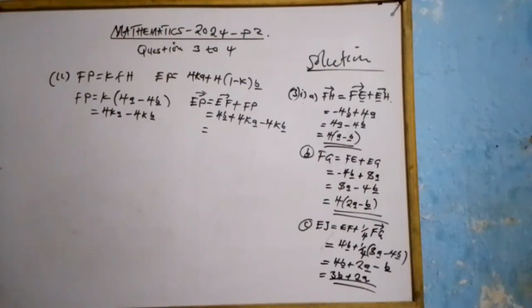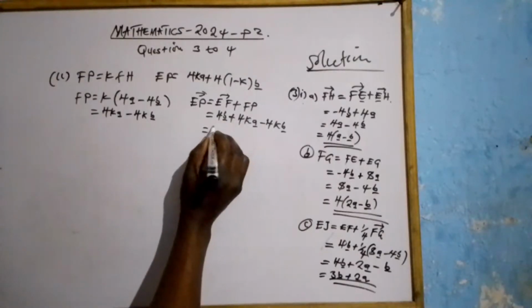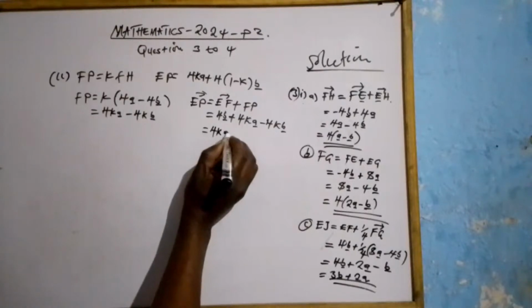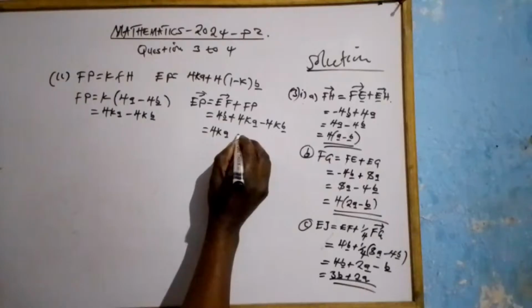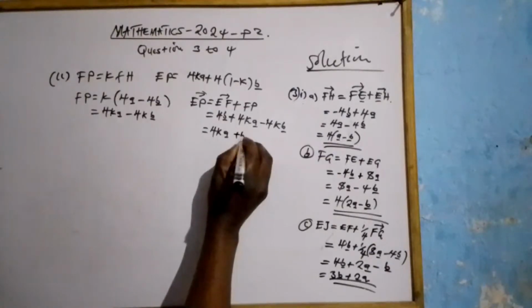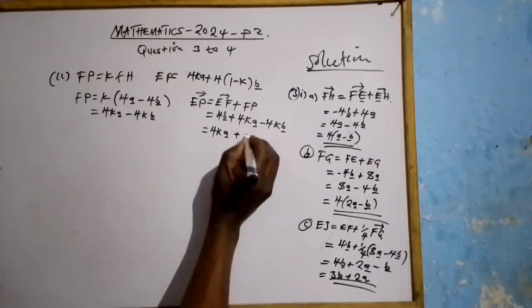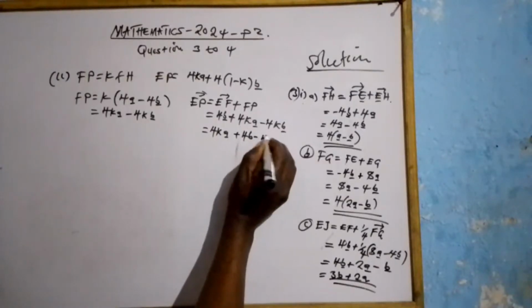In which, when you factorize, you collect the like terms: 4KA, then plus 4B, then minus 4KB.